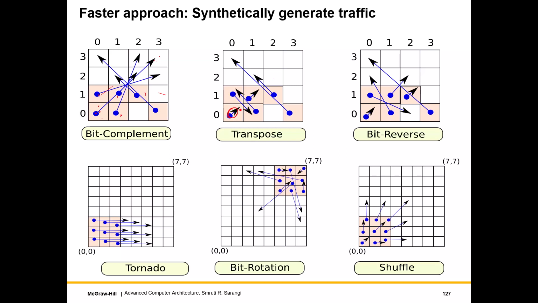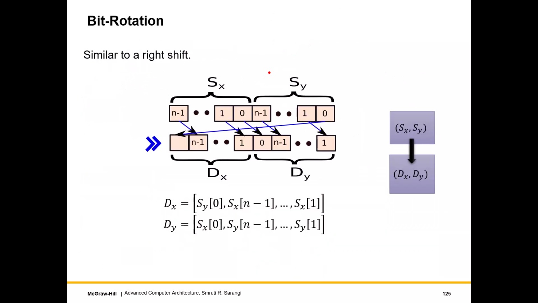For the rest, there is some minor amount of movement, but for a lot of other traffic there is a lot of movement. If this is the diagonal over here, we see it is perpendicular to the diagonal like this. In a certain sense, this also plays the role of bit complement. It is used as a throughput testing device, albeit in a different manner.